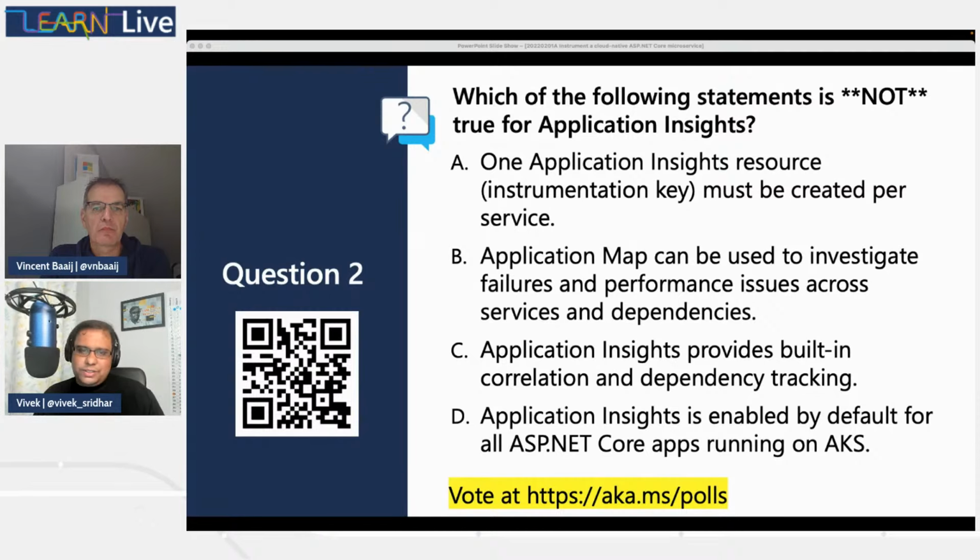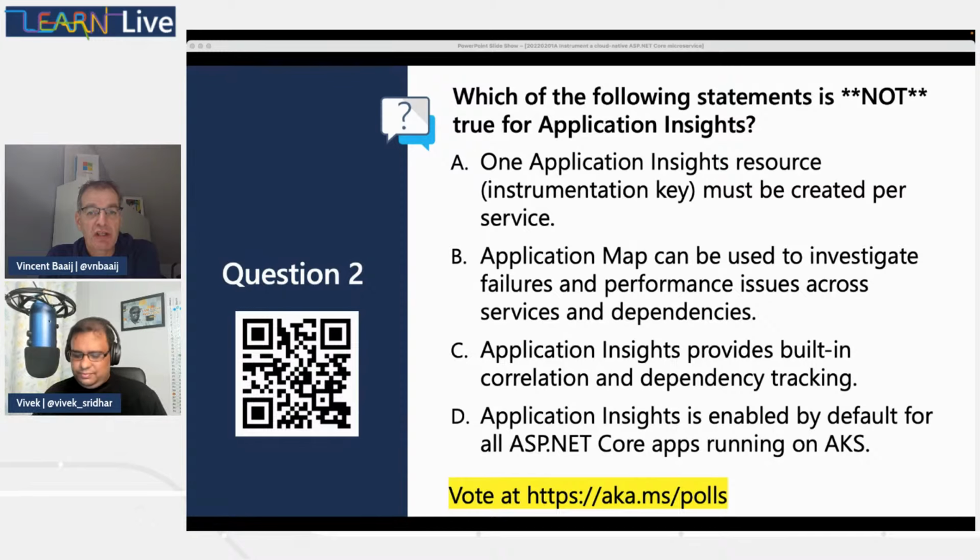So what do you think, Vincent? Well, I think we saw that different resources were created for different services. But I'm not sure if that's a must. We saw the application map, so I think we should be able to identify if what is stated here about the application map is true or not.